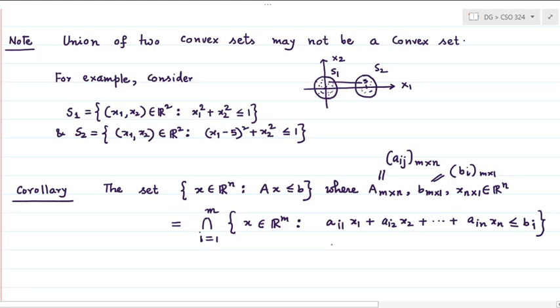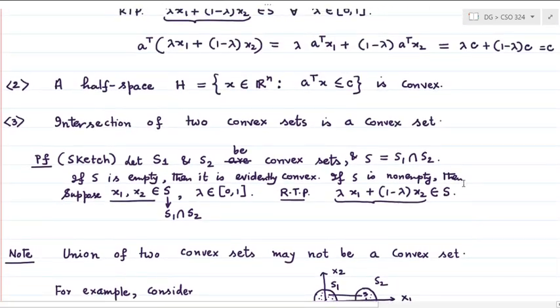So it is the intersection of m many convex sets, and that will be convex again, because the intersection of a pair of convex sets is convex. By similar logic, if you take m many convex sets S1 intersection S2 intersection up to Sm, you can prove that the intersection of m many convex sets is also convex.